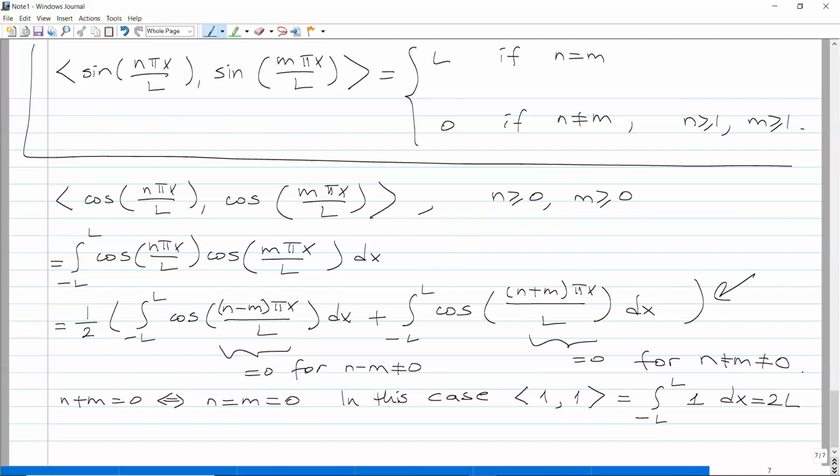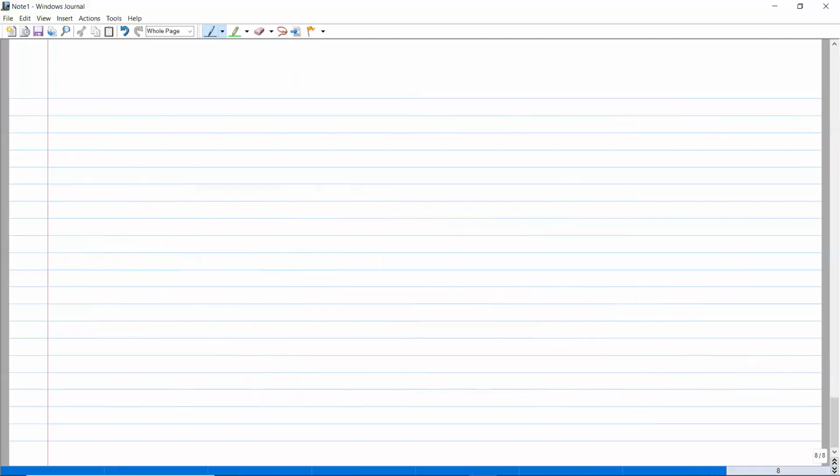But if one of them is not 0, then n plus m cannot be 0. So for n minus m equal to 0, but n plus m not 0, meaning both of them are greater than 0. One of them greater than 0 is enough.